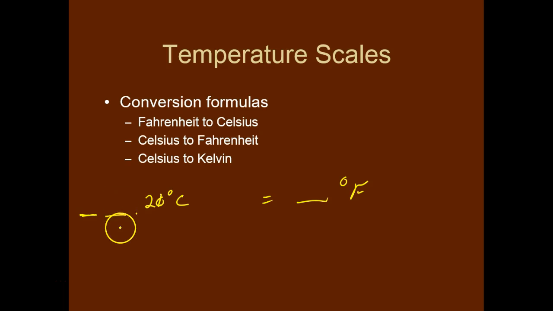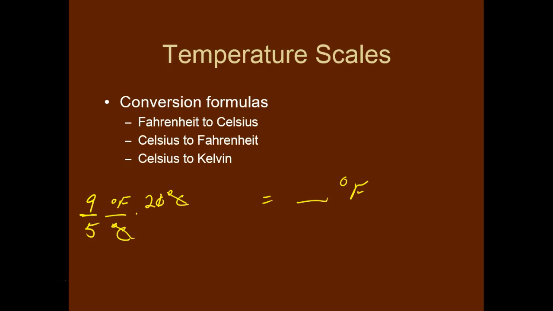What you're looking for goes on top. Degrees Fahrenheit on top, degrees Celsius on the bottom. That way you can cancel out degrees Celsius and be left with degrees Fahrenheit. Now, how many degrees Fahrenheit for how many Celsius? 9 to 5. You got it.